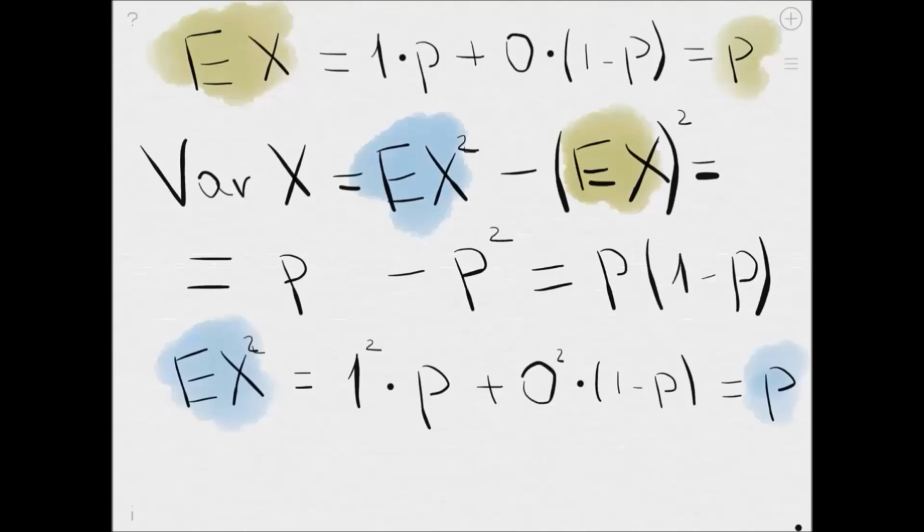Now, the higher the variance is, the more unpredictable our variable becomes. So, let's look at our formula.